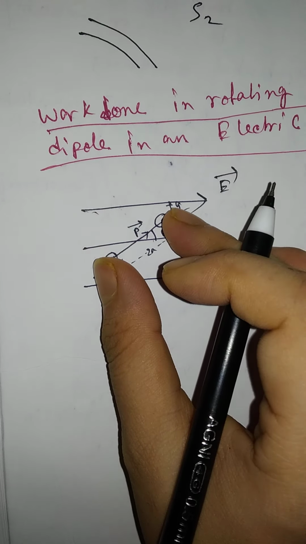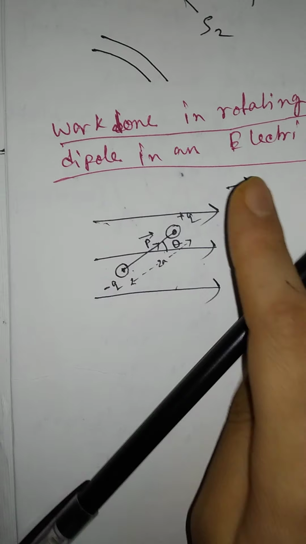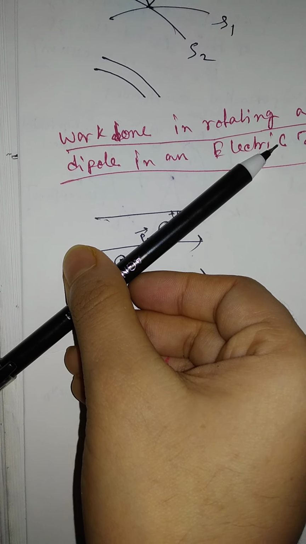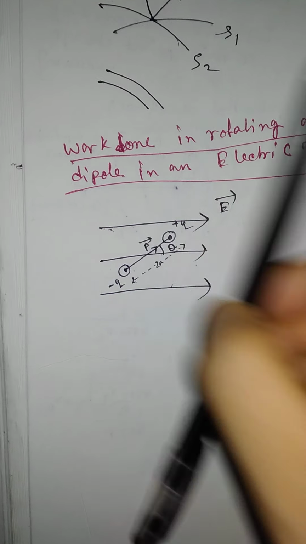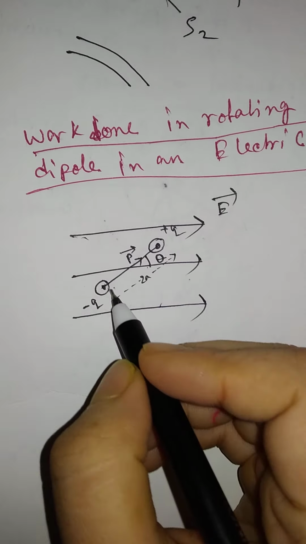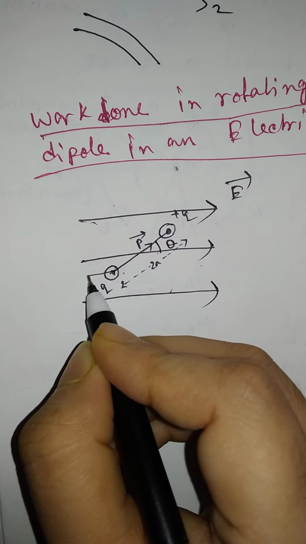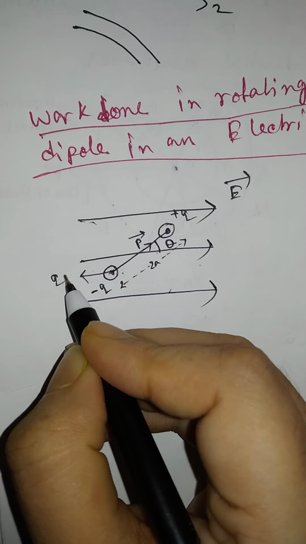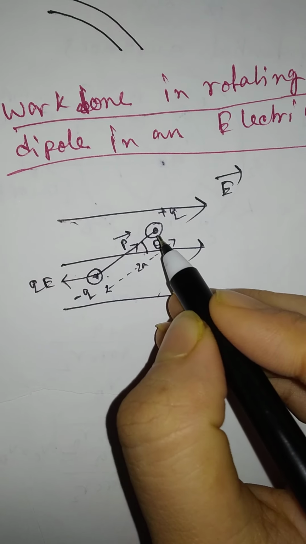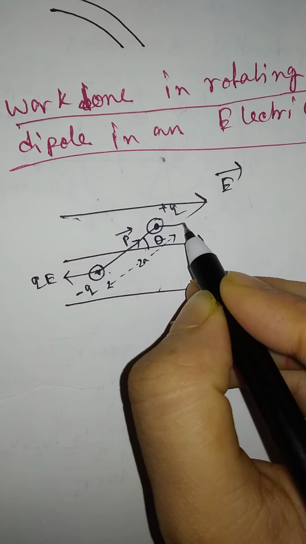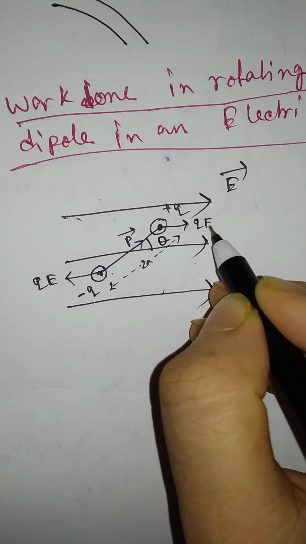Suppose I am considering this is the initial position of this dipole, and if we rotate this dipole along this side, then you can see the force exerted on minus q charge is along this side, which is qE, right? And the force exerted on plus q charge along this side is also qE.